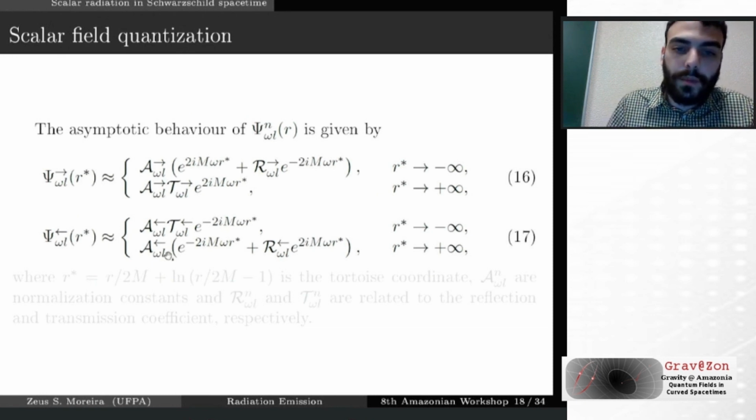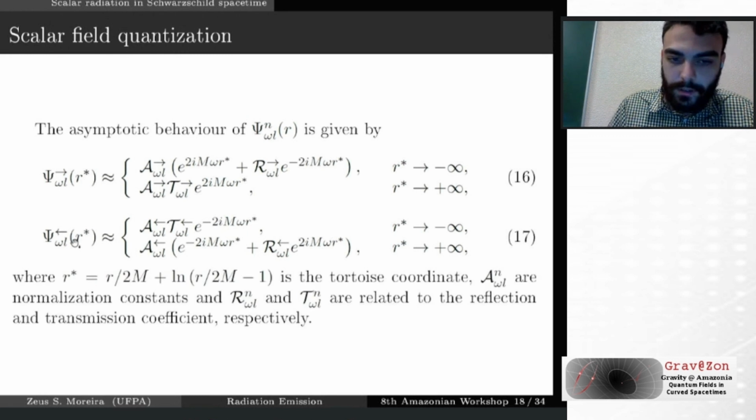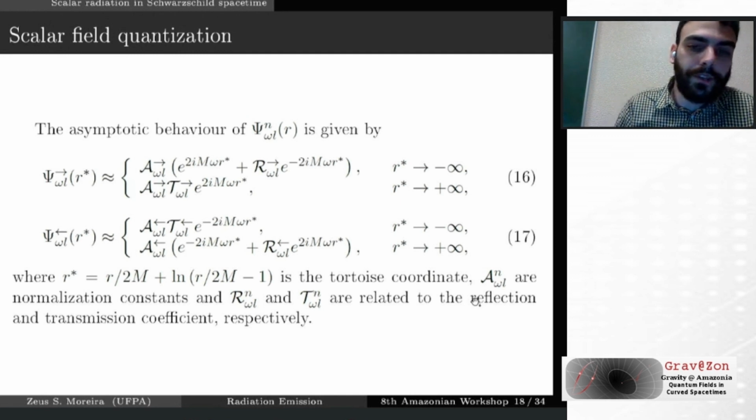The fields have this asymptotic behavior according to equations 16 and 17, where this r star is the tortoise coordinate. These A's are normalization constants, and R and T are related to the reflection and transmission coefficients.